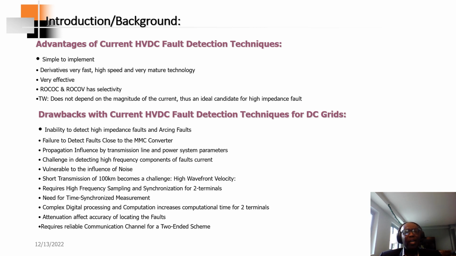If you have a two-ended scheme, like a point-to-point scheme, and you want to implement differential protection, it requires reliable communication. This adds additional cost and also a delay. The communication channel can also be vulnerable to failure, and as such can make the protection scheme not reliable.